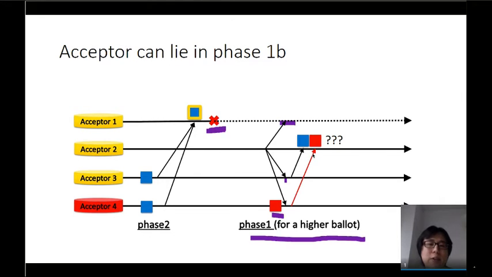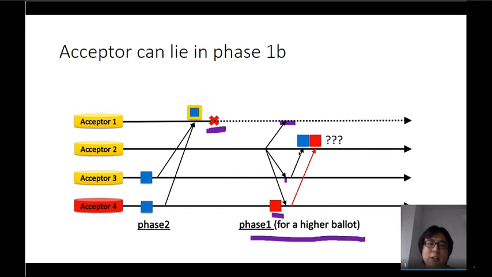And acceptor 2 has 3 replies from itself, but it hasn't voted for anything before. The second is from acceptor 3, which replies a blue value of the previous ballot. And acceptor 4 replies a red value for the previous ballot.